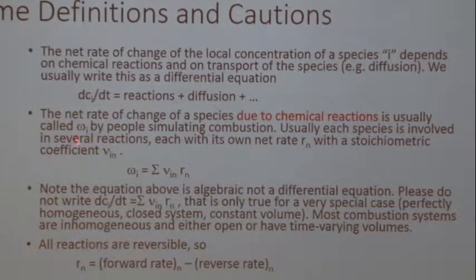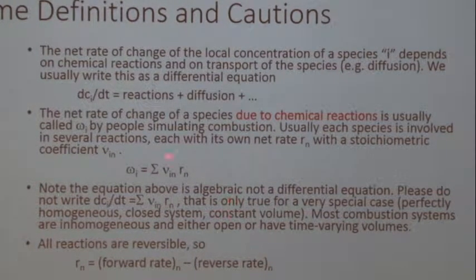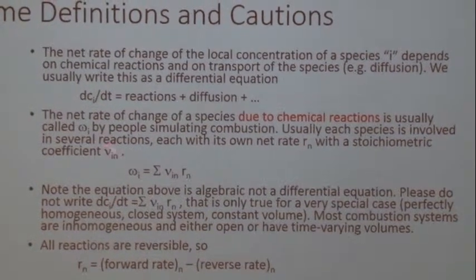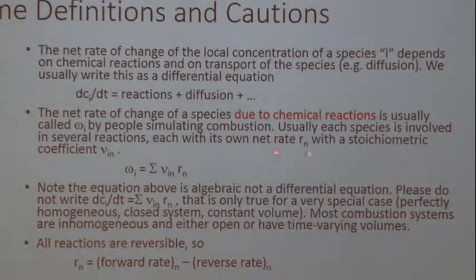A lot of people call this omega, or omega dot sometimes. In the chemical engineering school, a lot of people call this R, R of the species, like Ri. And for the individual reaction, there might be many reactions which affect a species, each of them would be an Rn.